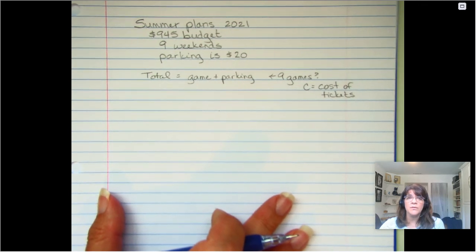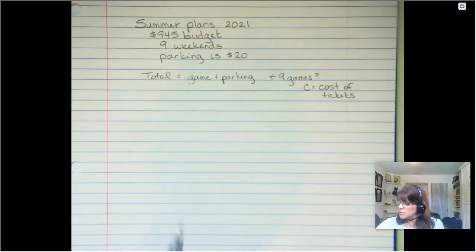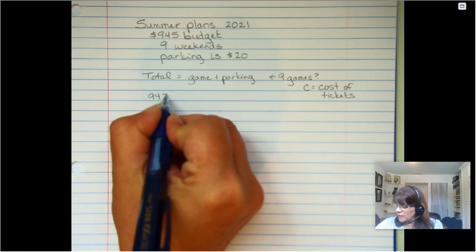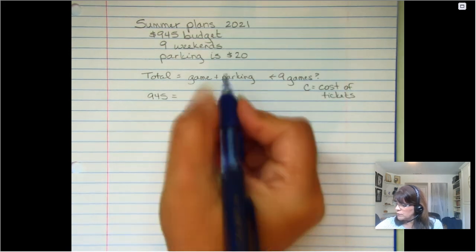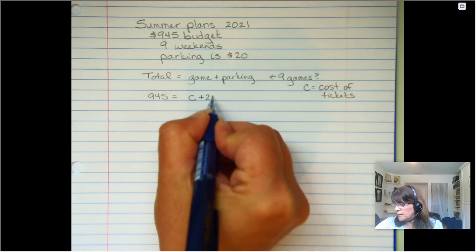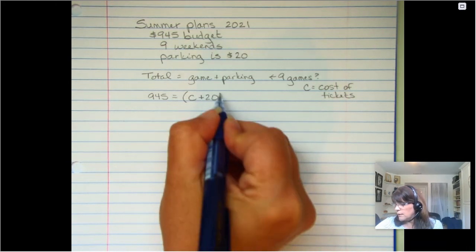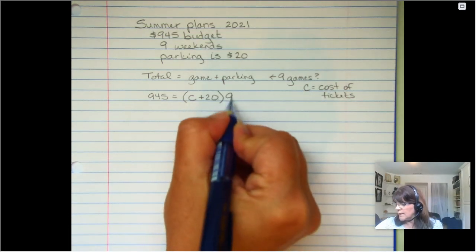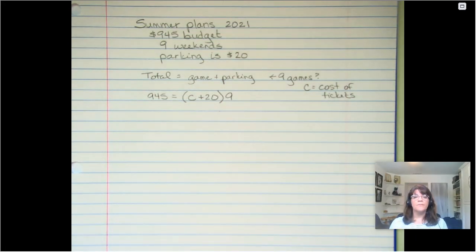Notice I just talked it through first. I didn't worry about any numbers. So I'm going to say that $945 is equal to the cost of the tickets plus 20. I have to spend that every single game times 9 games.